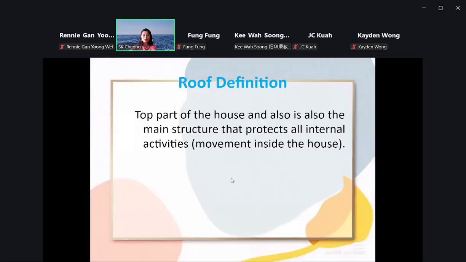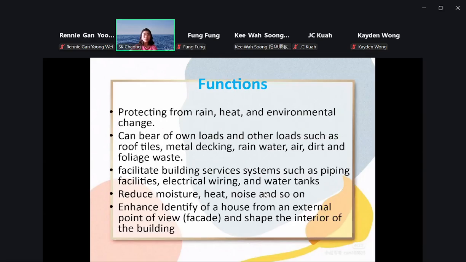So what is a roof? It is the top part of the house and also the main structure that protects all the internal activities inside the house. So what are the functions of a roof? Of course, to protect from the rain and the weather, and to bear its own loads, as we have learned in the load transfer path: roof tiles, metal decking, rainwater, air, dirt, and waste.